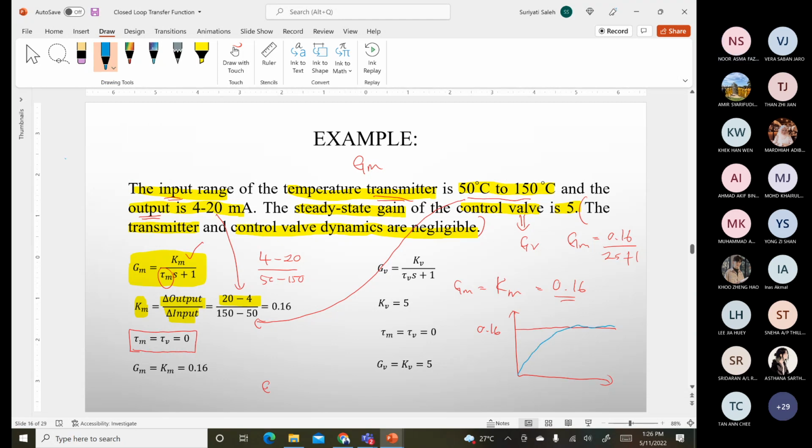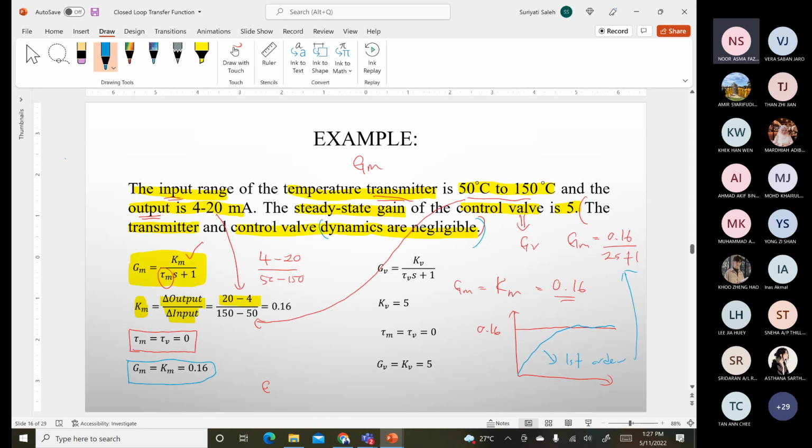So this is the first order for the given transfer function. That's why it's called dynamics are negligible. That means when the dynamic is negligible, the graph is static. So in this case, the tau time constant equals 0, and Gm equals Km equals 0.16.